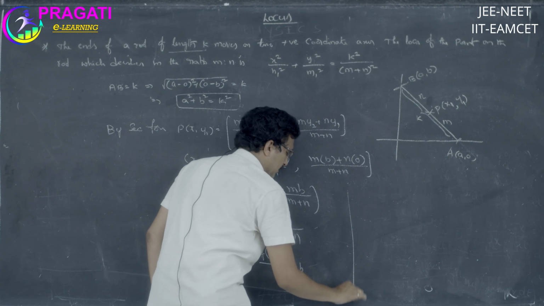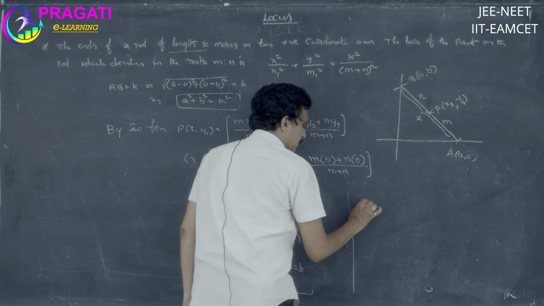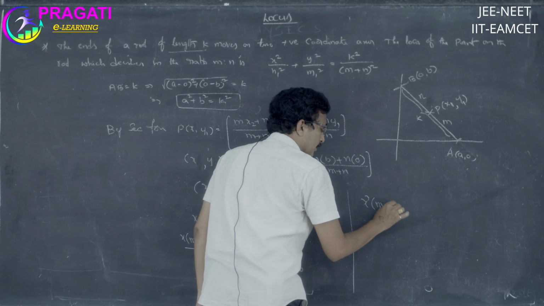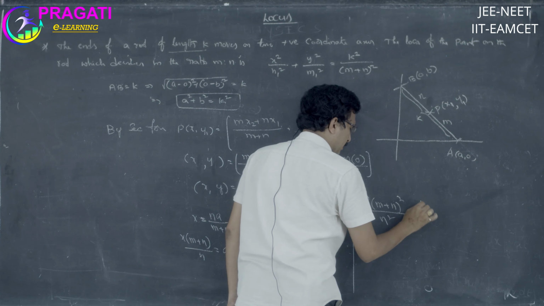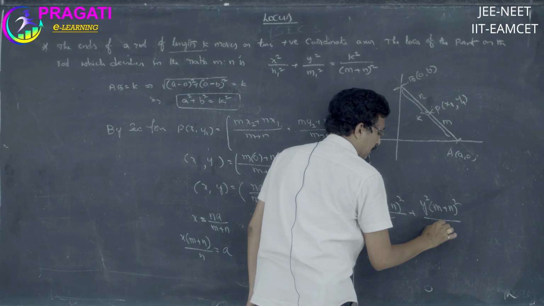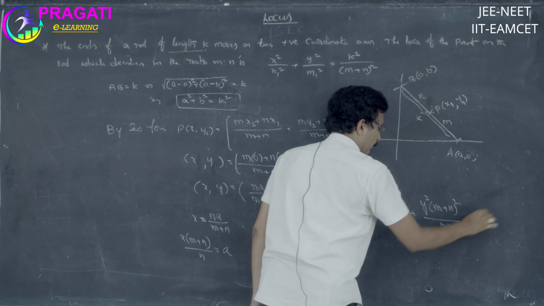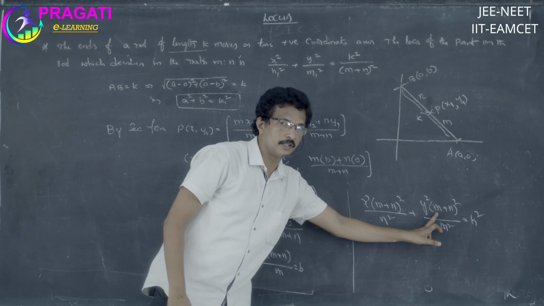Then we get a square means x square into (m plus n) whole square by n square, plus b square, y square into (m plus n) whole square by m square, is equal to k square. Here (m plus n) whole square is the common term.